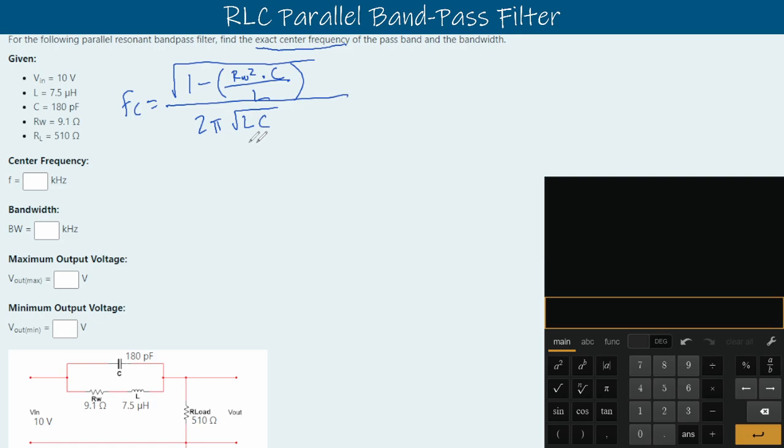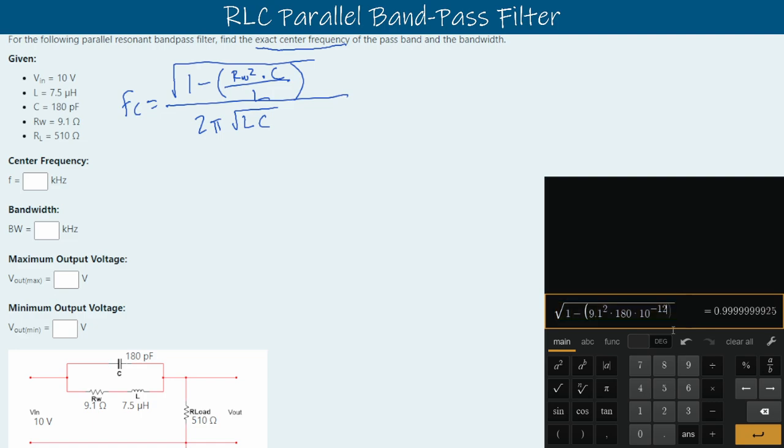We have all of those values already, and so we can just go directly to our calculator and start plugging that in. We'll do the square root equation first. 1 minus, we'll open parenthesis, and we want our winding resistance squared. Our winding resistance is 9.1. We'll square that and multiply it by our capacitor. Our capacitor is pretty small, 180 times 10 to the negative, and we are at pico, so it'll be 12.